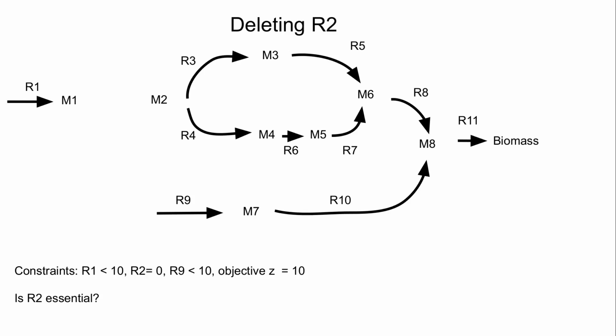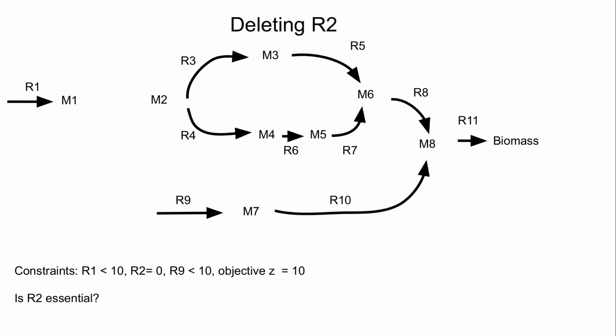We don't consider this to be a lethal mutation, and so we consider that gene to be non-essential. Similarly, if something grows at a rate of 1,000th or 1,000,000th of the original growth rate, then you can say that it's as good as knocked out as well.